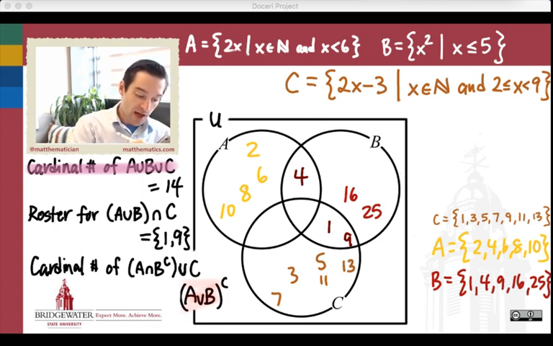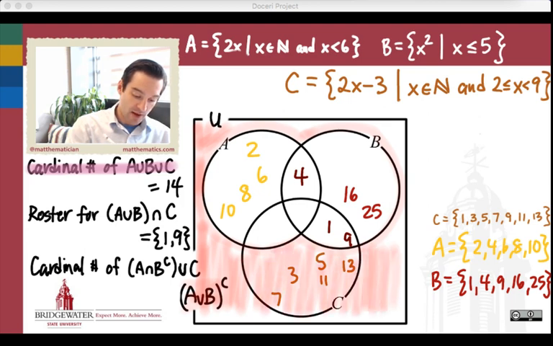So A union B complement is everything outside of those two circles at the top. So A union B complement is going to be all of this. And the question in the stream is, will that complement always include elements of C?